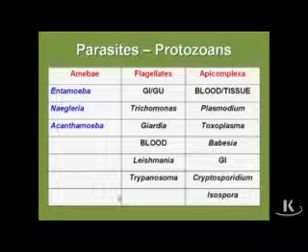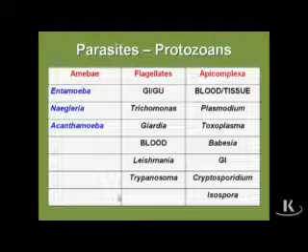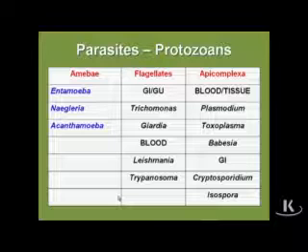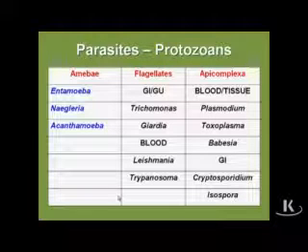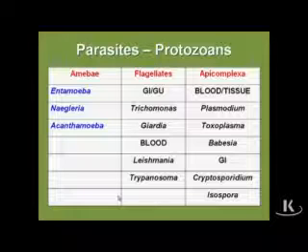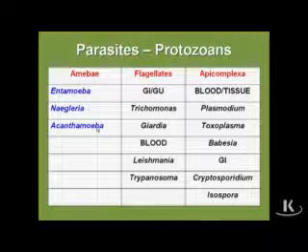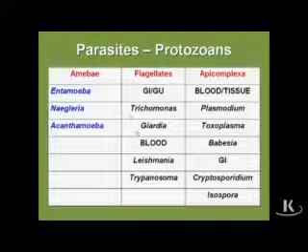Okay, so I'm just going to give you a little bit of an overview of some of the protozoans versus the metazoans, and then we're going to talk about them specifically as we move through the book. We're first going to talk about the flagellates and the amoeba, and some of the important organisms here are going to be entamoeba, trichomonas, and giardia.